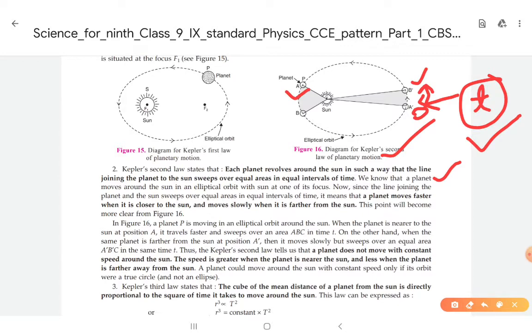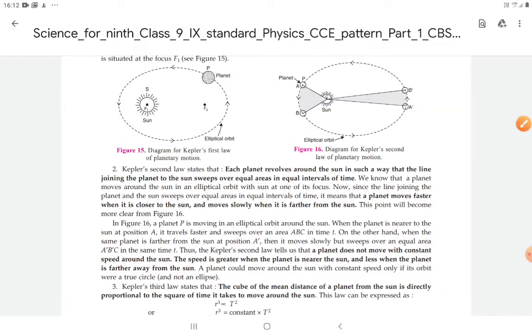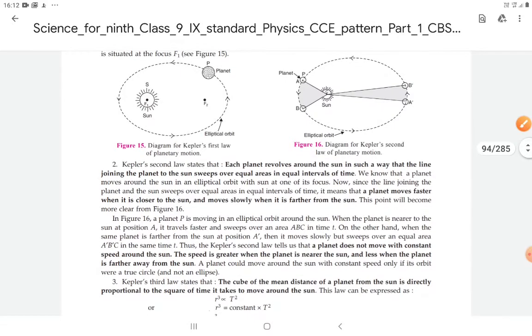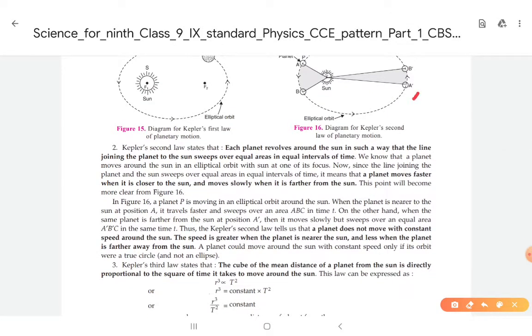The same thing here for that planet also. Suppose the planet at any time is at a, and after the same time t it moves to b. Got it? Then the area from the sun means this area. In the first case, when the planet moves from a dash to b dash, the area crossed by the planet, we get by joining the line from a dash to the sun and b dash to the sun.